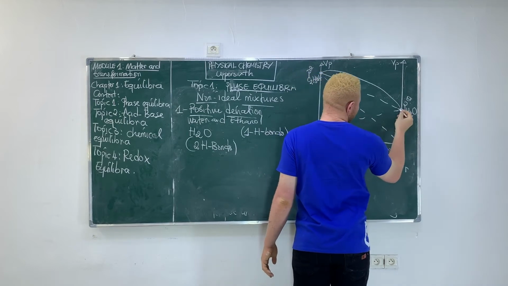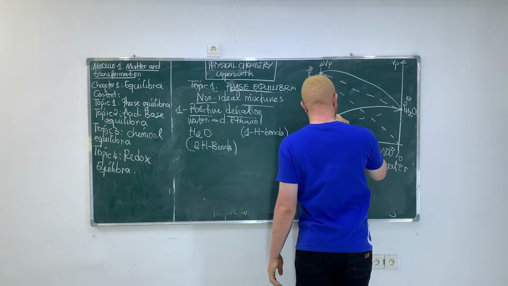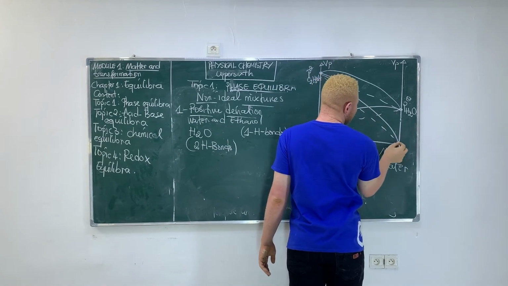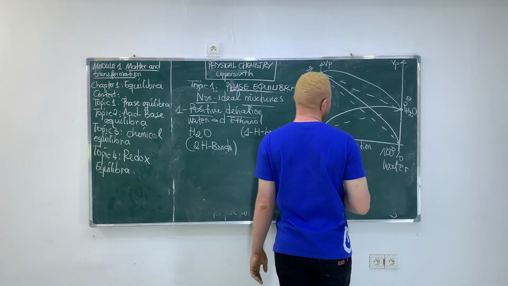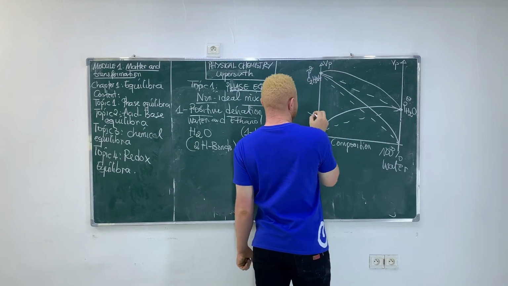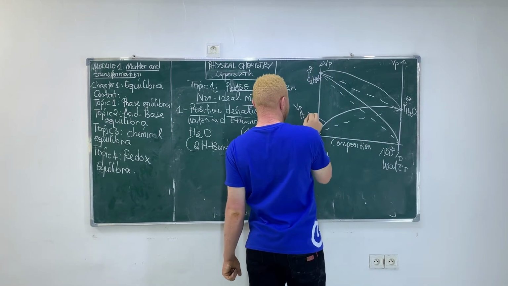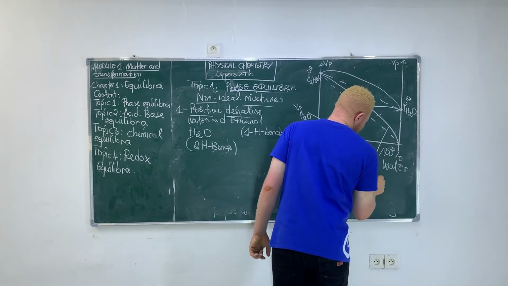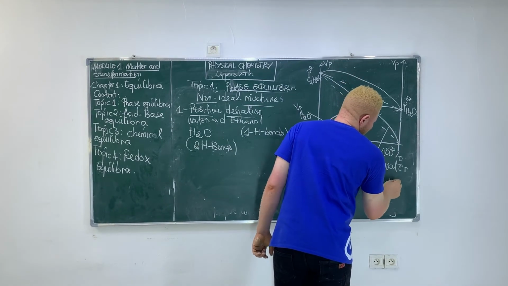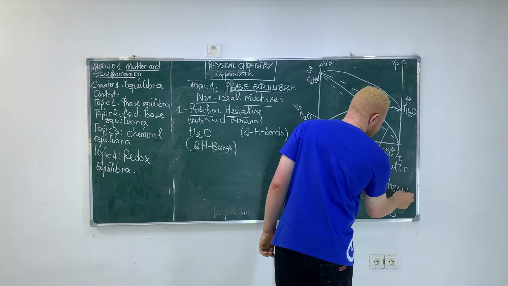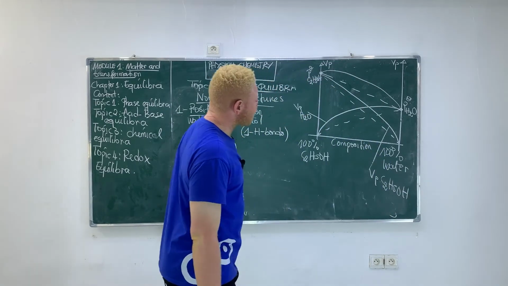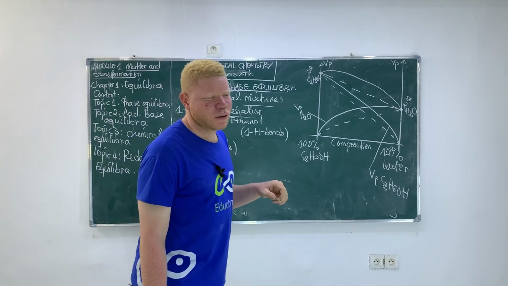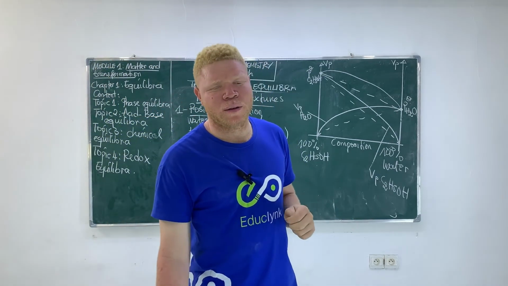Here we can have the vapor pressure of water, and you have the vapor pressure of ethanol. So that's the vapor pressure composition diagram for a mixture that deviates positively from Raoult's law.